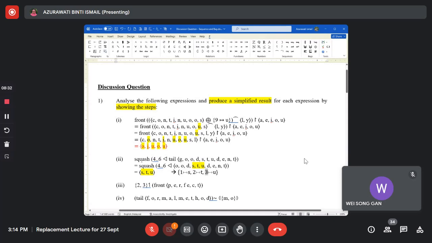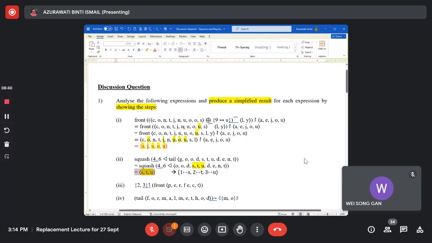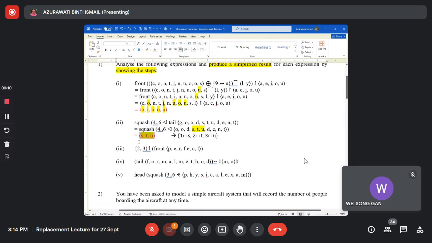But when you do squash operator, the answer must be in sequence, meaning inside the angle bracket. You cannot show your answer like this. If you use squash operator, unless you have other operations using domain restriction, anti-restriction, whatever, then that is a different case. But now, because we don't have any other operation, the last answer will be in sequence where you have to use angle bracket. So that is for squash operator here.